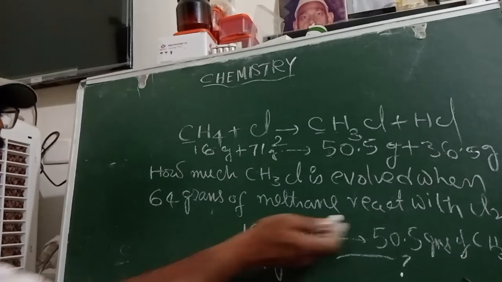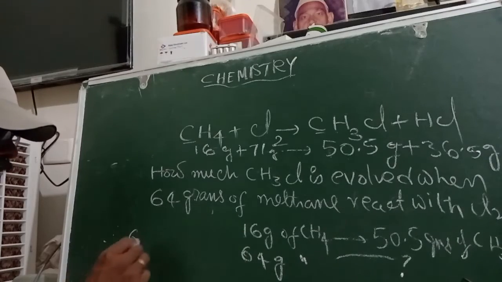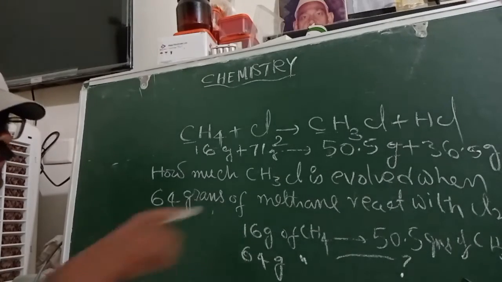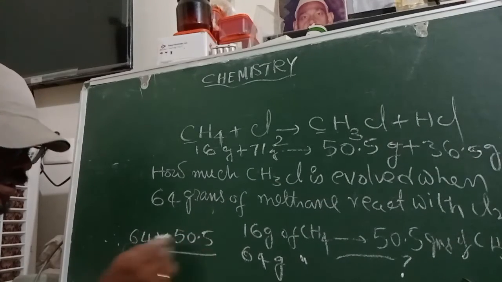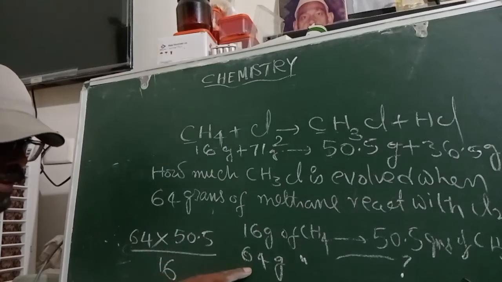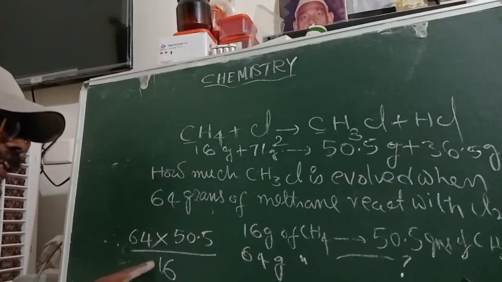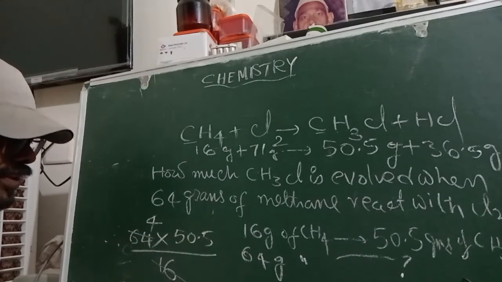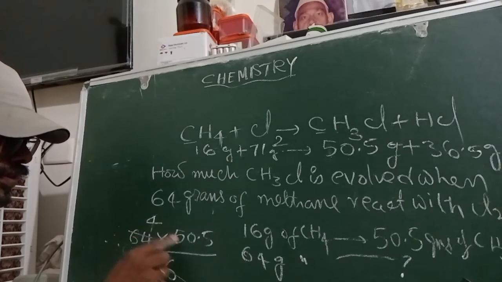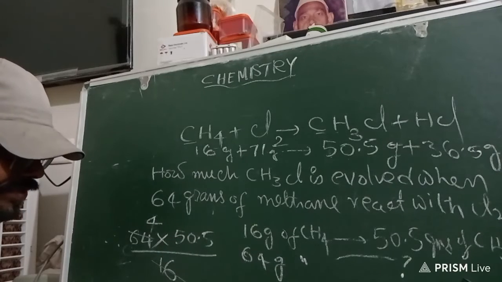So it is 4 times. So we have to multiply by 4. That is therefore 64 into 50.5 divided by 16, cross multiplication. 64 into 50.5 divided by 16 is 4 times, that is equal to 202 point 1 plus grams.